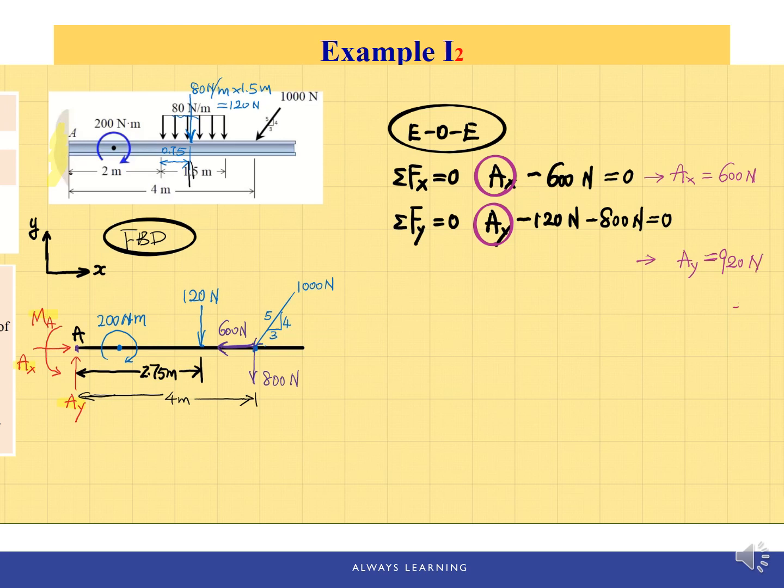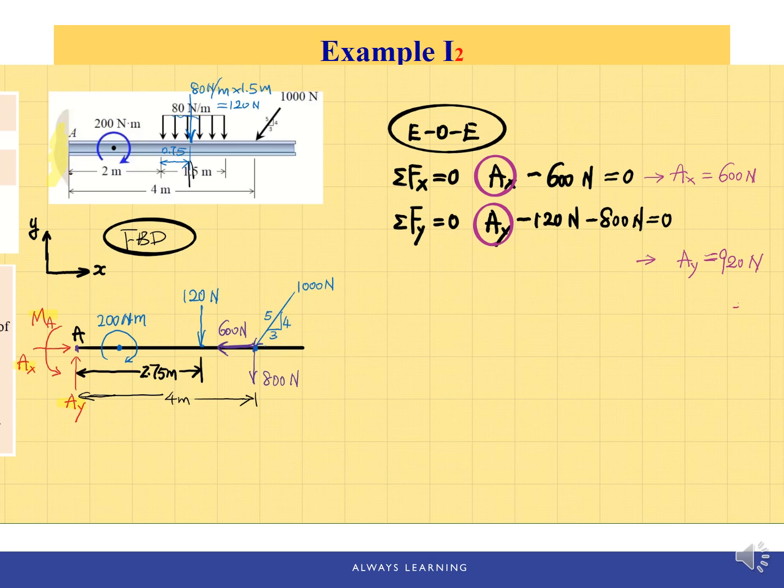And the next equation will be a moment equation. So which point should we choose to create the moment equation? We said we can choose any point and write the moment about that point. And no matter which point we choose, the resultant moment should be 0, because this beam doesn't rotate about any point.